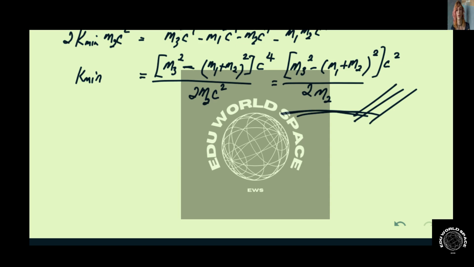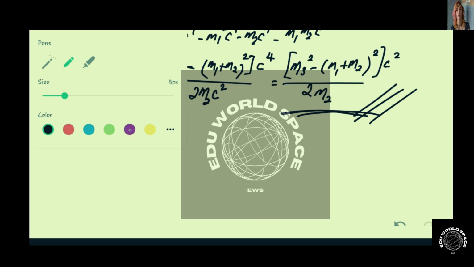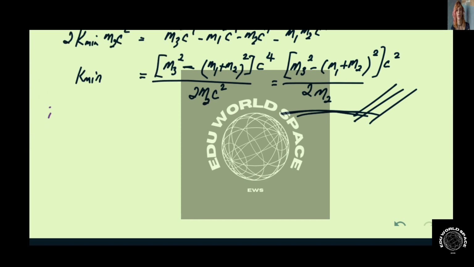Now for the second part of this question, basically what we are doing is to put in some actual values to determine the threshold kinetic energies. So we have 3 different equations that we are interested in.